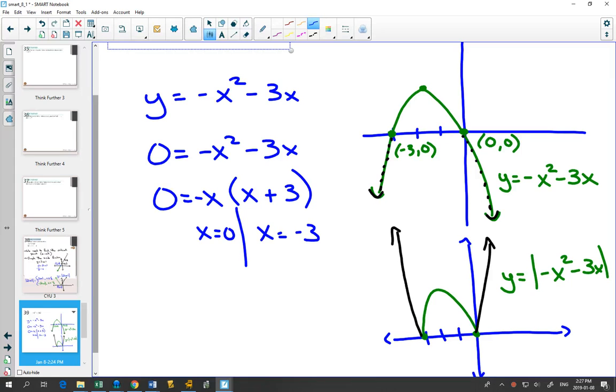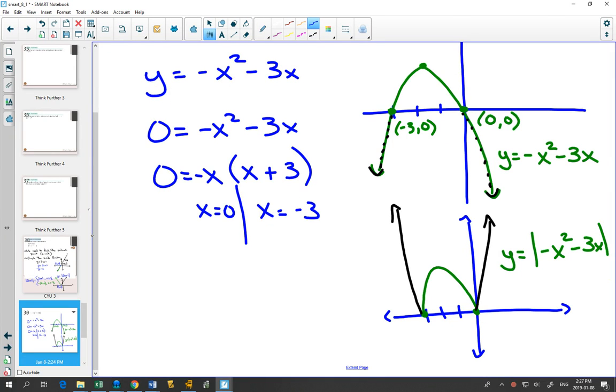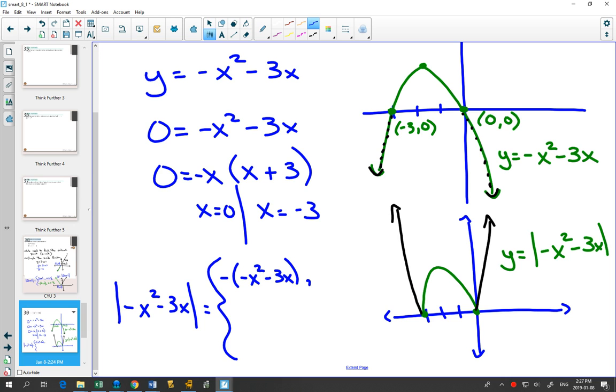So when we go to write this in piecewise notation, we have that the absolute value of negative x squared minus 3x is equal to. Let's look at this first black piece. It got flipped up, so we can take our original equation and multiply it by a negative. You could simplify that to x squared plus 3x, or you could leave it like that. When does it get flipped up?